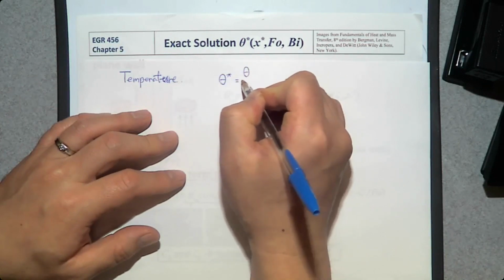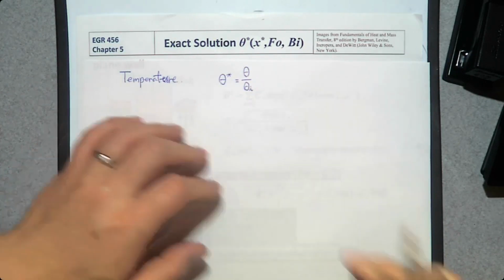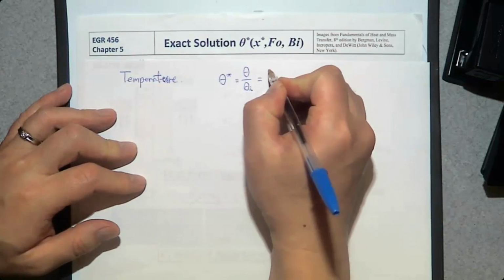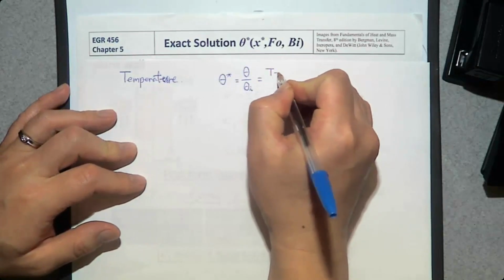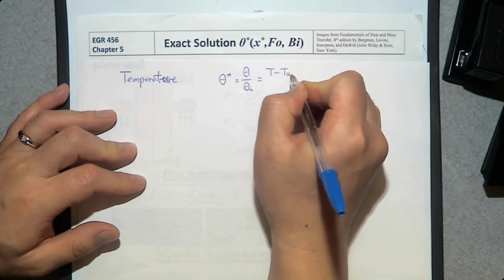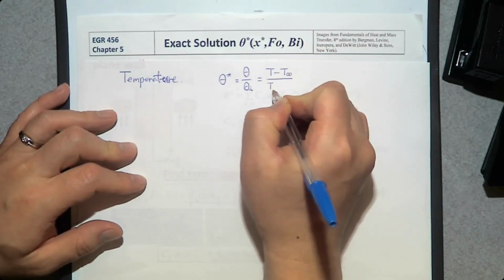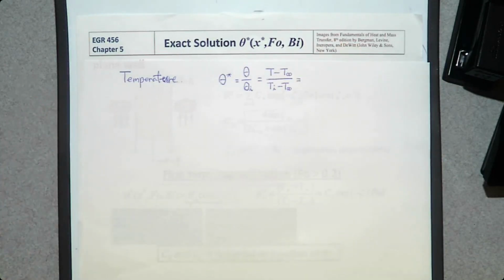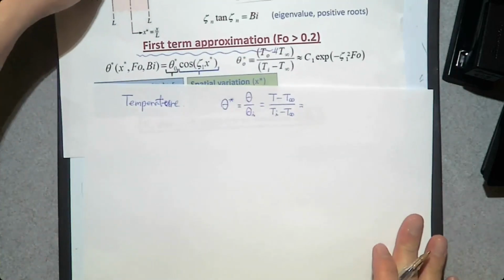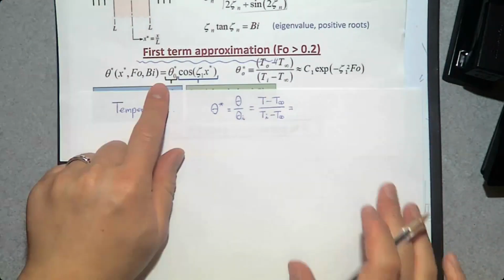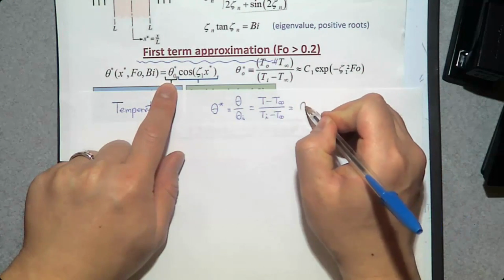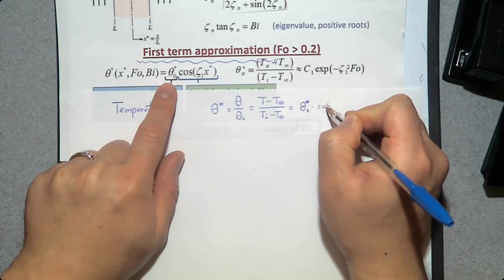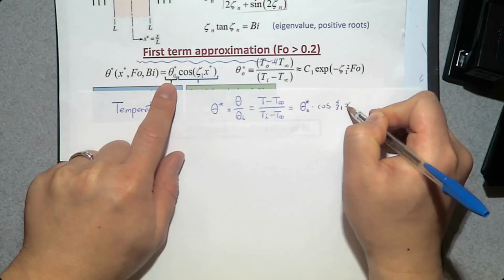theta over theta i. Which is the temperature of the system minus the temperature of the surrounding fluid divided by the initial temperature minus the temperature of the surrounding fluid. It can be determined by this equation, theta star 0 cosine zeta1 x star.